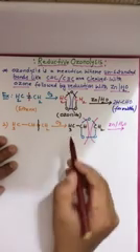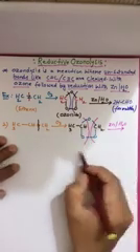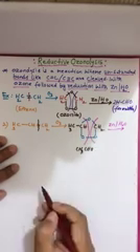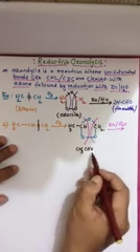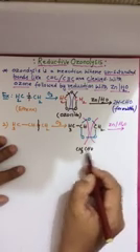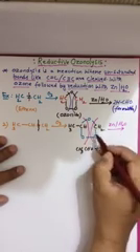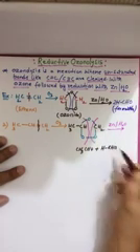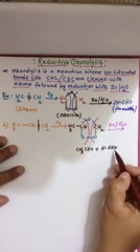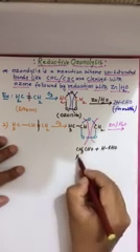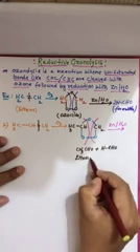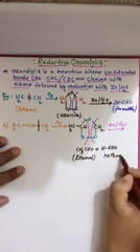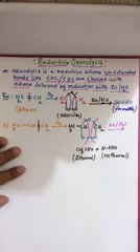Final product: CH3CHO. What you are getting? CH3CHO, acetaldehyde, that is ethanal, plus CH2O, formaldehyde. This is ethanal, this is methanal. Ethanal and methanal.